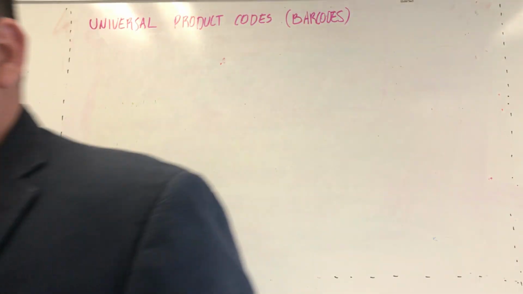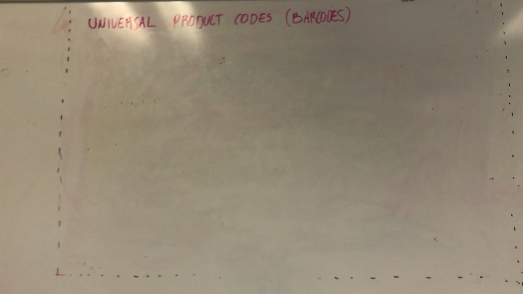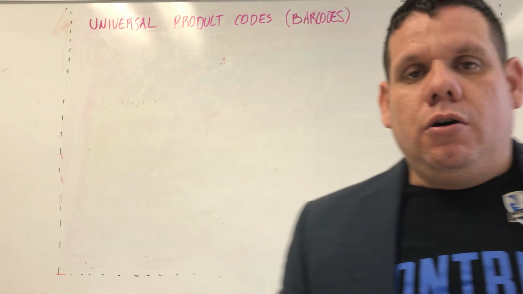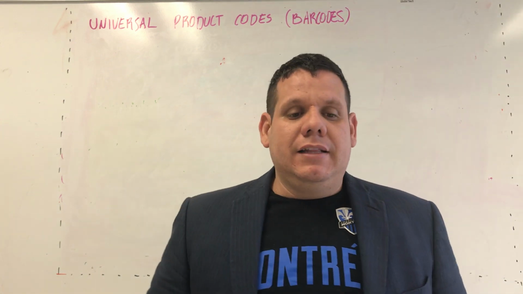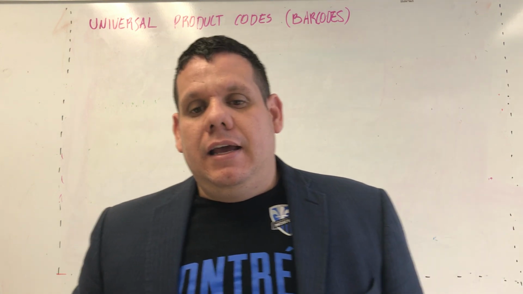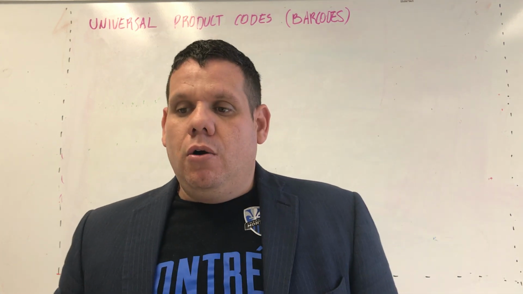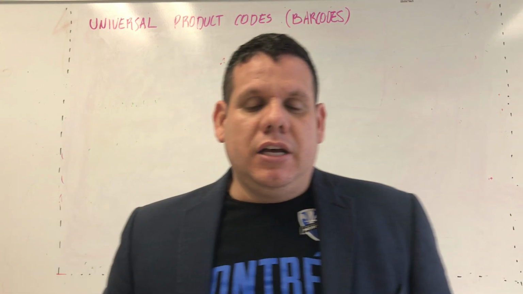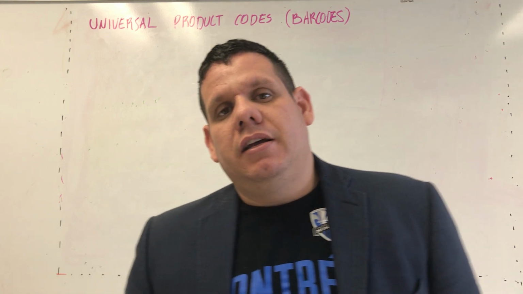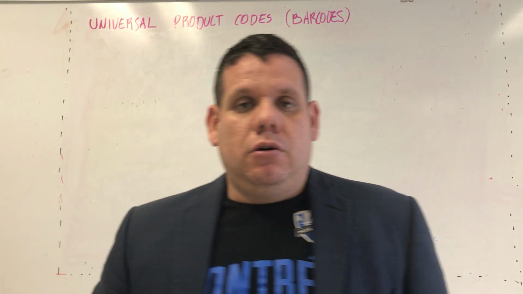So we are going to identify how this number is made, and also we are going to learn how to get the check digit, which is a digit that prevents fraud and verifies the validity of the barcode itself. And also we're going to check whether a number is valid or not.